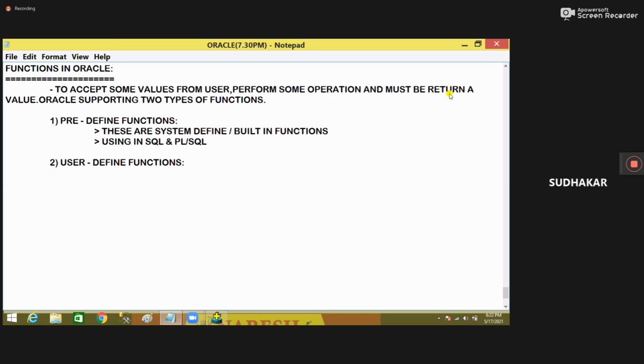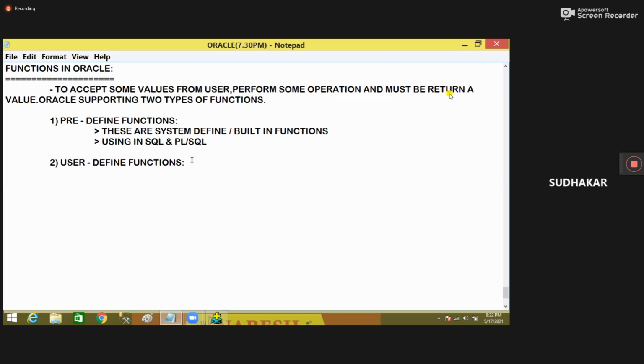So you can use predefined functions in two languages: in SQL queries, and I can use them under the PLSQL language also. Both languages are supported for using predefined functions, right?